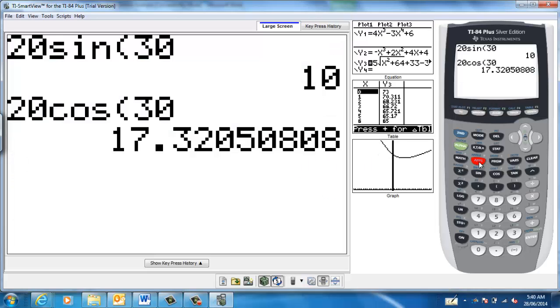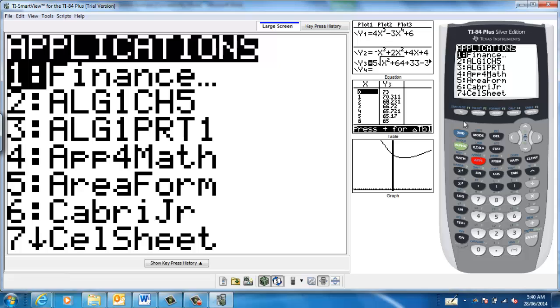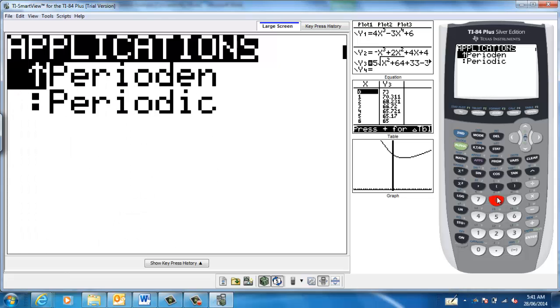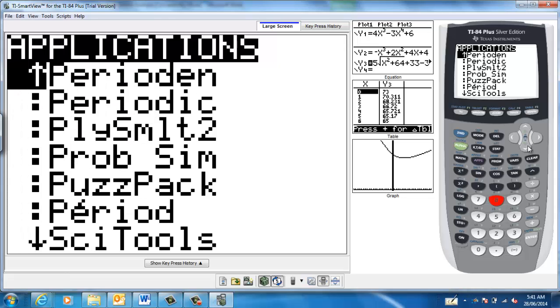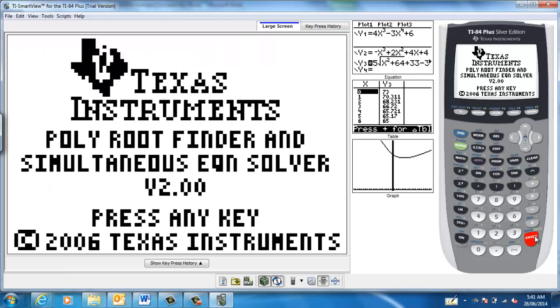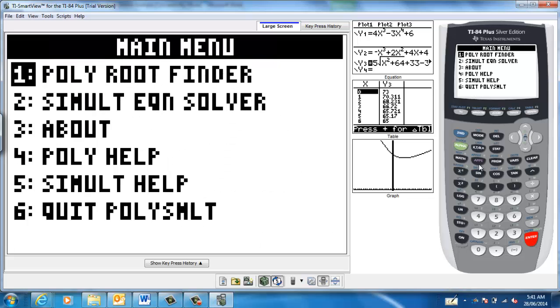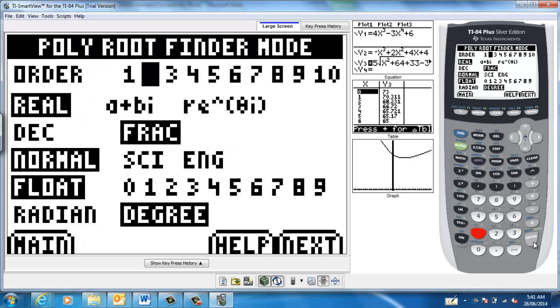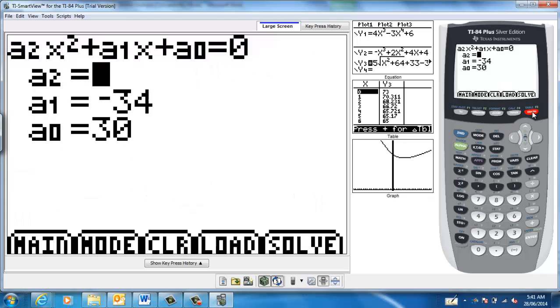It's important. If you go to your apps button, then alpha P, you should have this particular program on your calculator called PolySimp 2. You go into there, and the thing we want to use is the root finder. We do number 1, a quadratic, and go next.